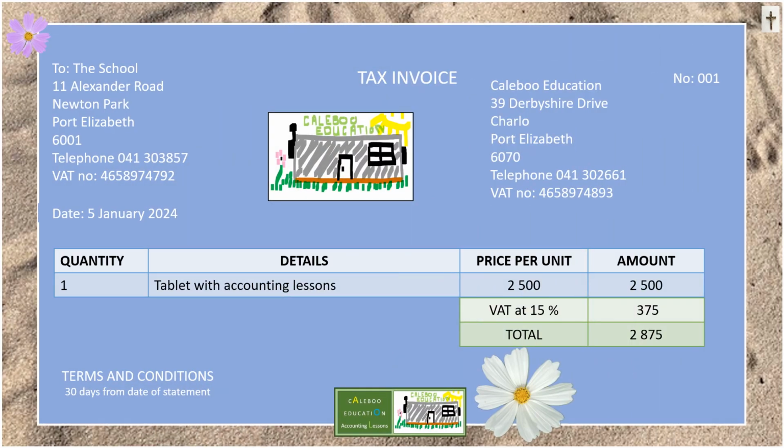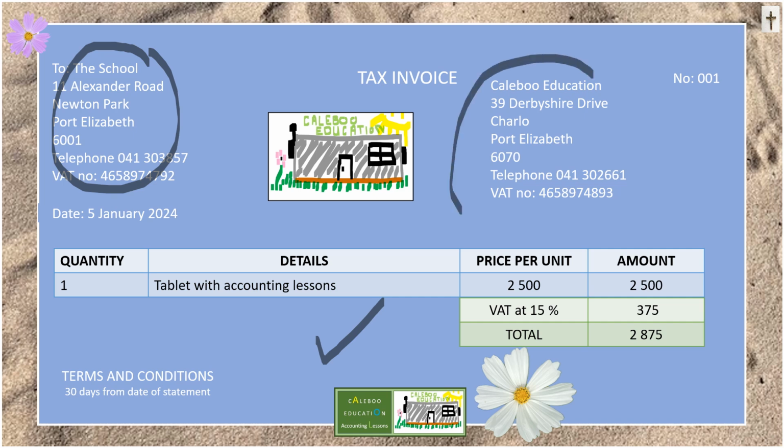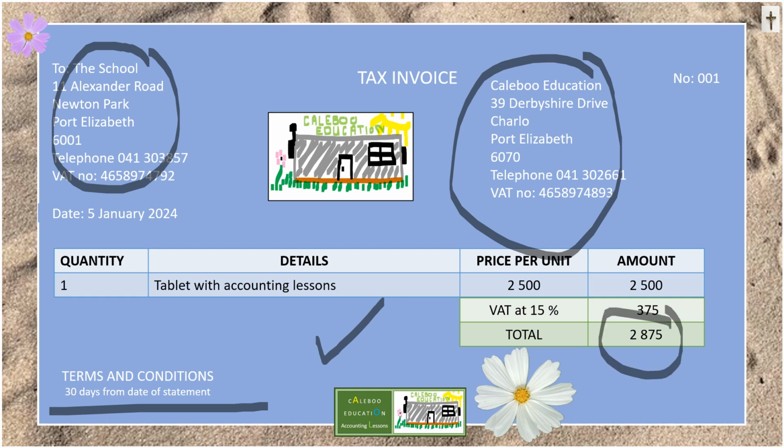And this is the document without all the green markings. You can have a look at it. There's all the information that's required by the revenue services, terms and conditions, the amount. Just note here, the school is a VAT vendor, and so is Calibre Education.